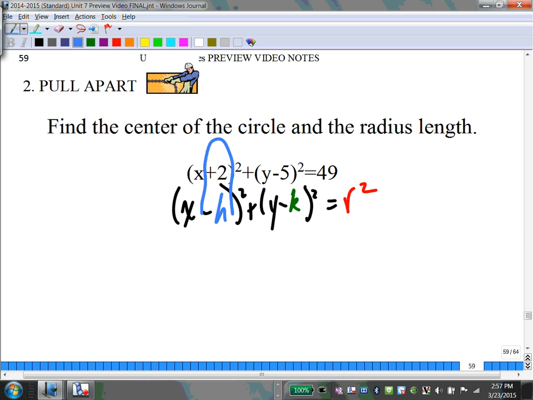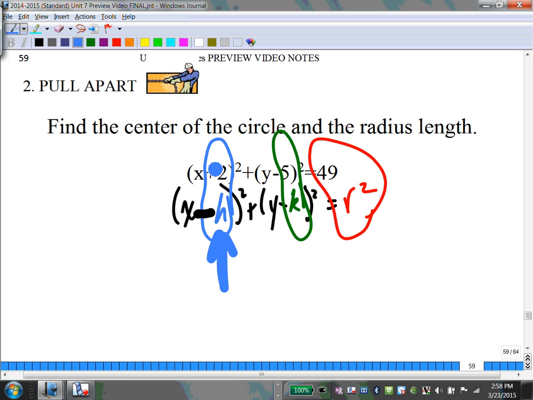h, k, radius. Remember the original equation is negative? So you have to ask yourself, what was h that would force the sign to be swapped? And the only way that sign could swap is if you have a double negative. So our h is going to be -2.